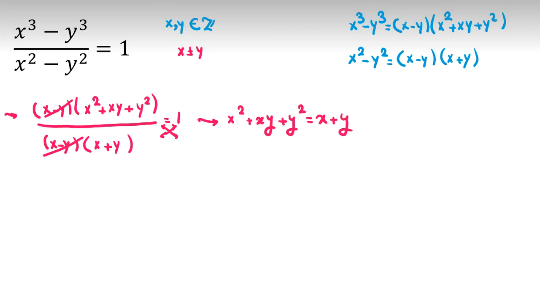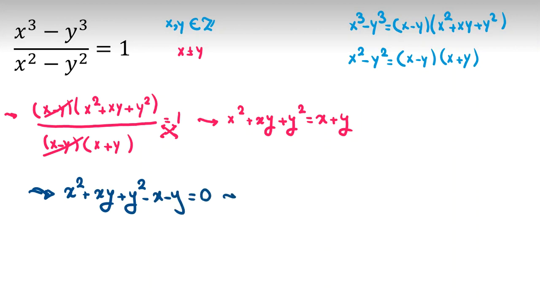Okay, now we have this equation, and we want to find x and y. We can consider this as a quadratic equation in terms of, for example, x. How? I take everything to the left hand side: x squared plus xy plus y squared minus x minus y equal to 0.